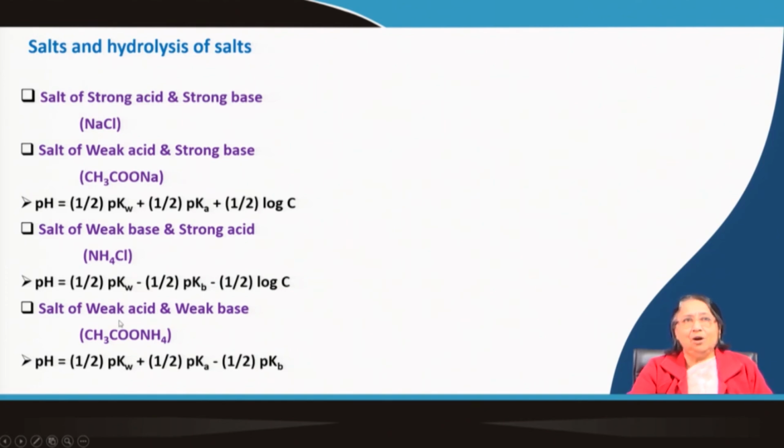Depending on how weak they are, whether very weak or not that weak, the overall pH will depend. Depending on the strength of this weak acid and weak base, you have to calculate and see what the pH of the solution is.